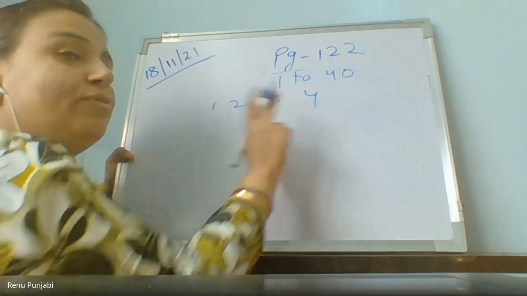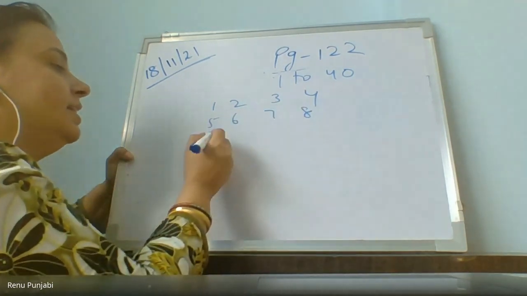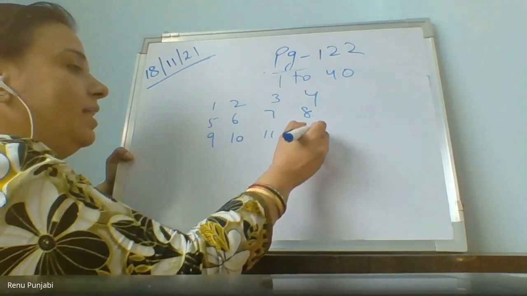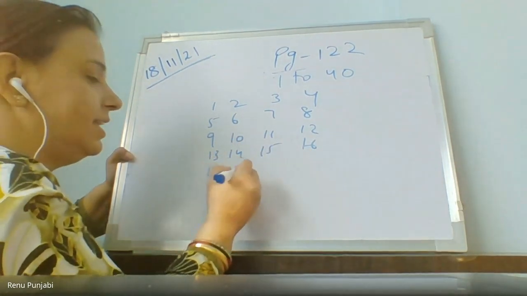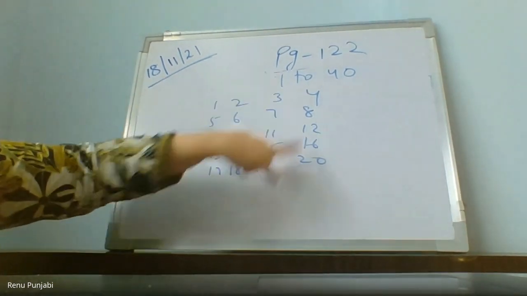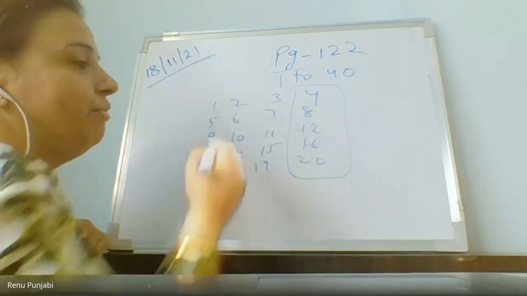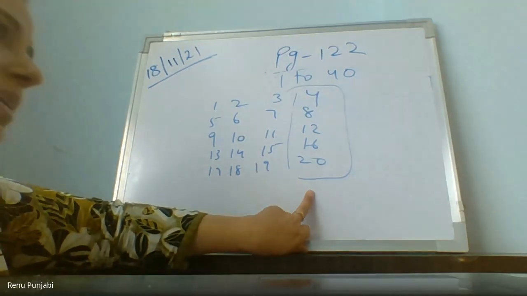So in one row 4 numbers should come. 5, 6, 7, 8, 9, 10, 11, 12, 13, 14, 15, 16, 17, 18, 19, 20 and so on. When you write numbers till 40, if you observe the last line, the table of 4 will come. 4 1s are 4, 4 2s are 8, 4 3s are 12, 4 4s are 16, 4 5s are 20.